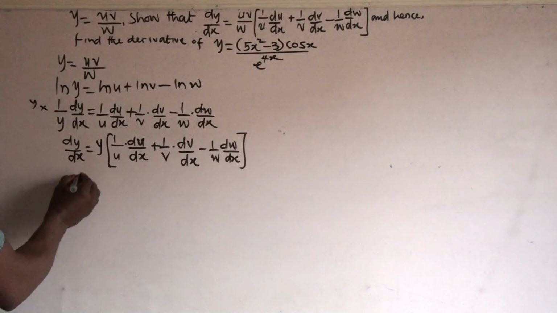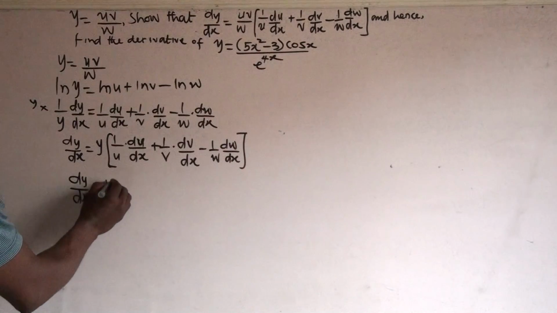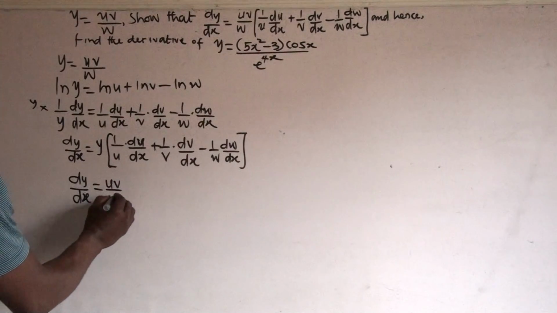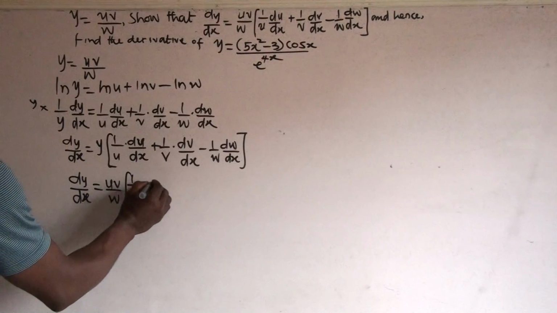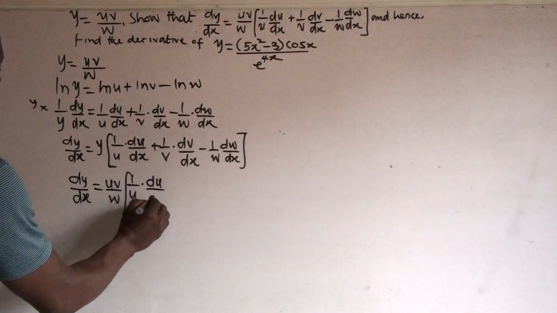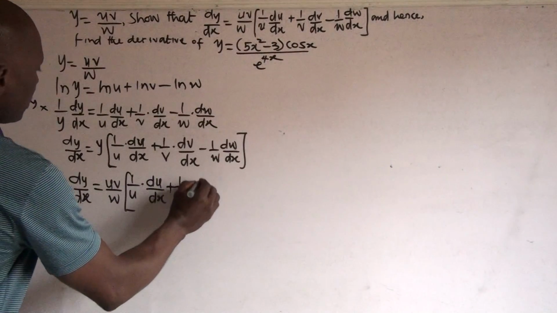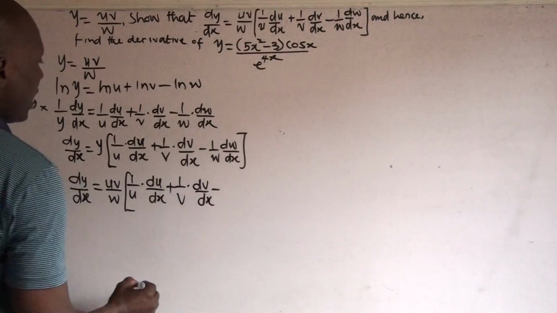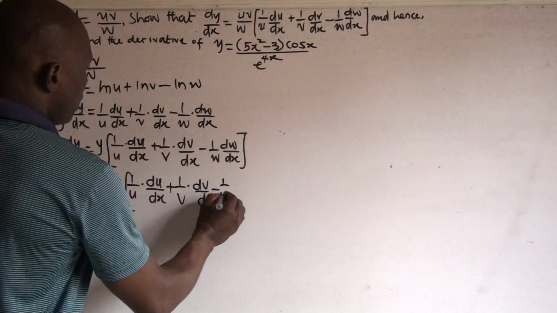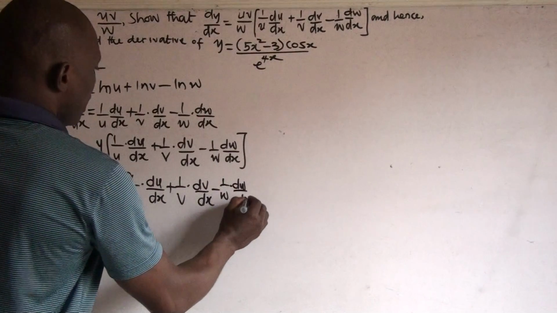So if we do that, our dy/dx becomes uv over w, open bracket 1 over u times du/dx plus 1 over v times dv/dx minus 1 over w times dw/dx.